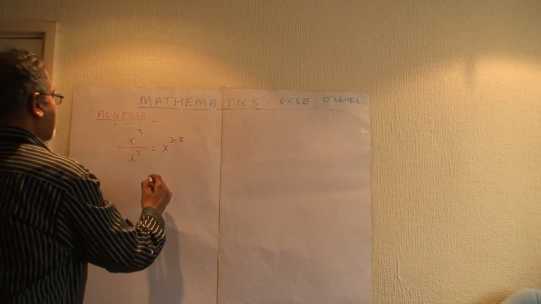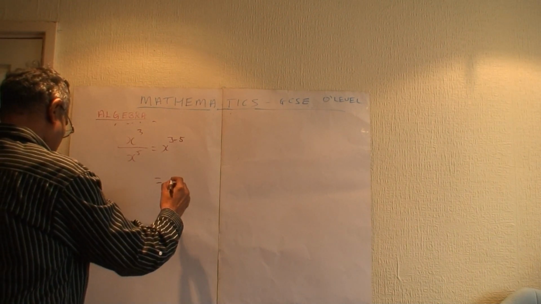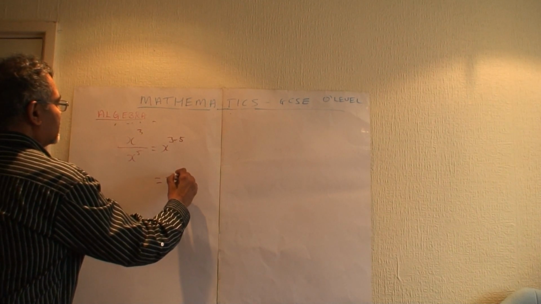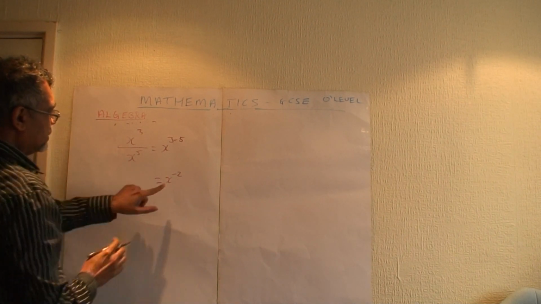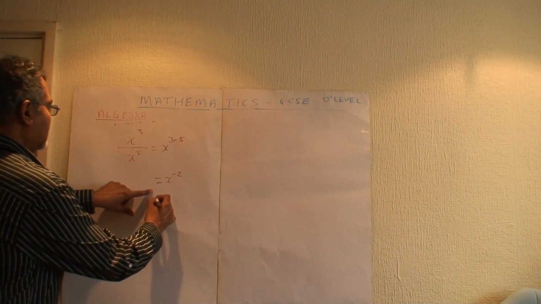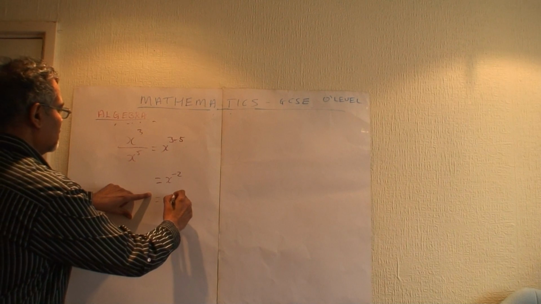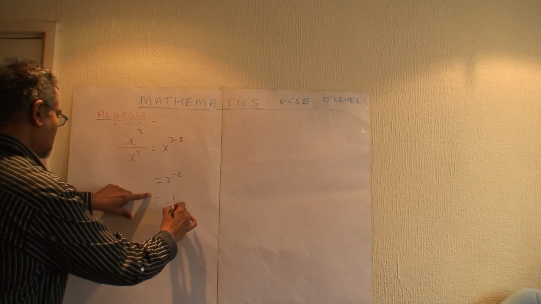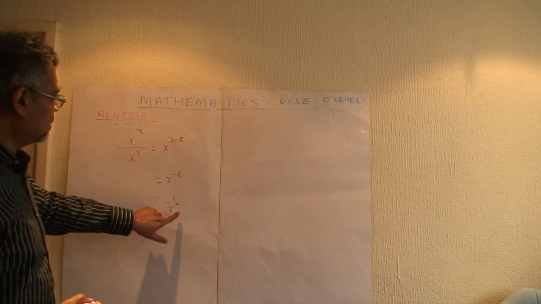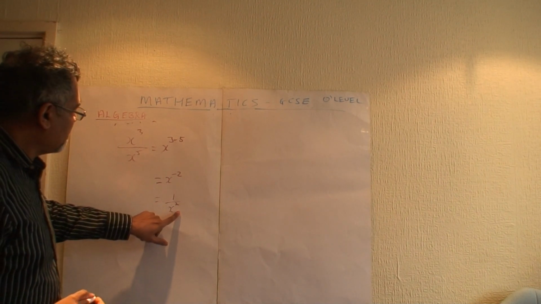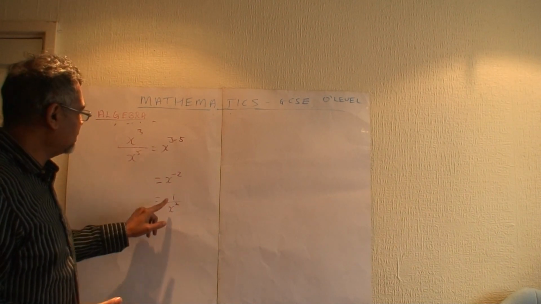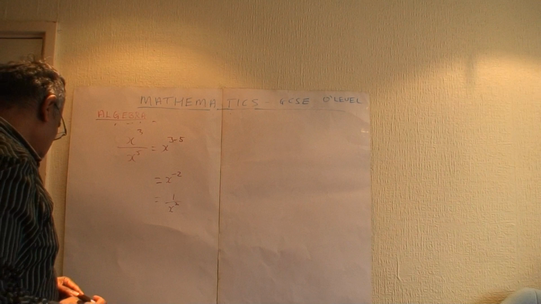So what we have here is x to the power of minus 2. To simplify that further, that's 1 over x squared. You bring the minus down here and it becomes positive. You lose the minus sign, and it becomes 1 over x squared.